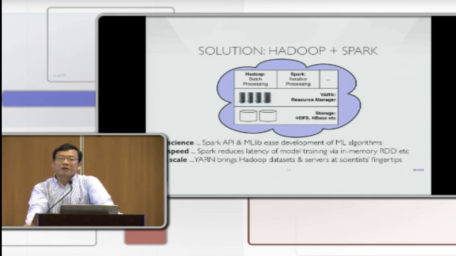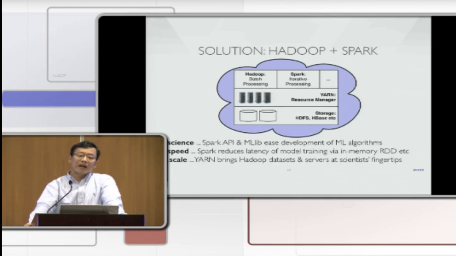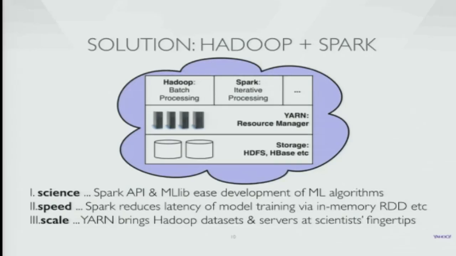And with the in-memory processing capabilities provided by Spark, we are aiming to dramatically reduce the model building time. And with YARN bringing all the data sets and the servers to our data scientists, we hope most of the scaling issues will be addressed. So with that, we have a few early pilot projects based on this new expanded big data platform.